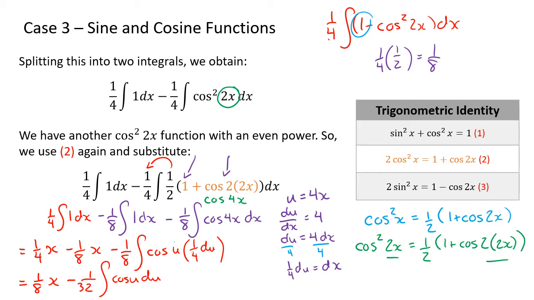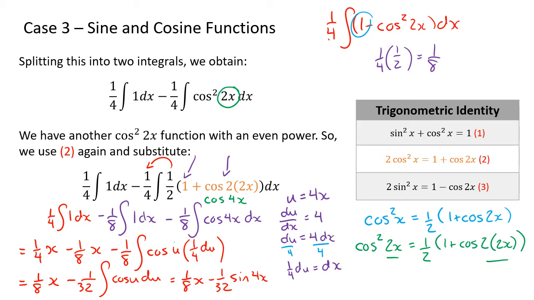So what we're left with in our final answer, therefore, is 1/8 times x minus 1/32 times the sine of u, or in other words, the sine of 4x. So again, what we're doing is breaking down the integrals into more manageable pieces that are easier to integrate.